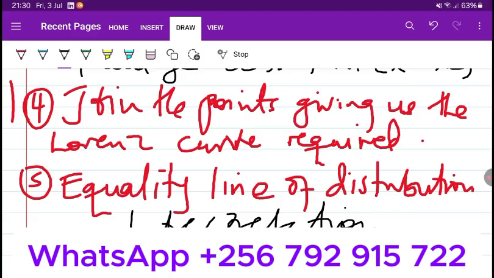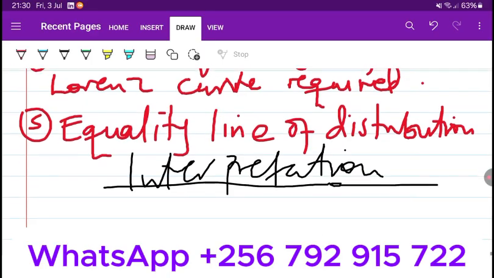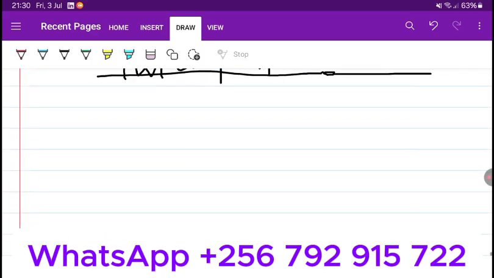Is the distance big? If it is big, then they are less equally distributed. If it is very small, then we say they are equally distributed. If the space is too big, then we can say that it is not equally distributed.